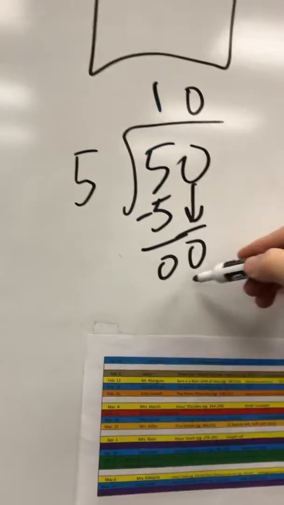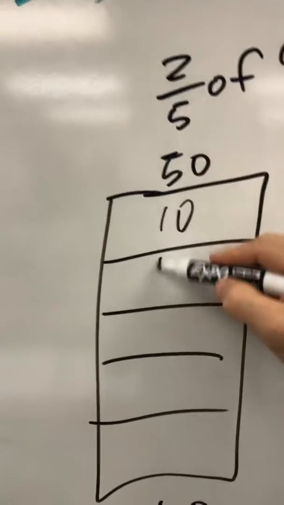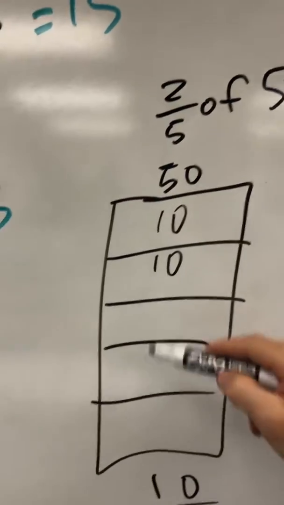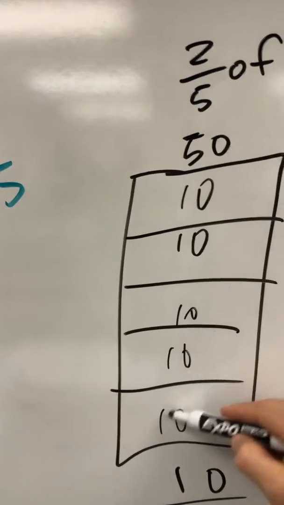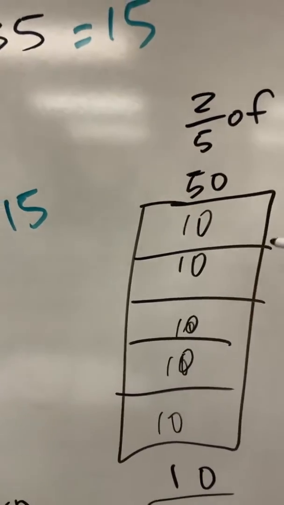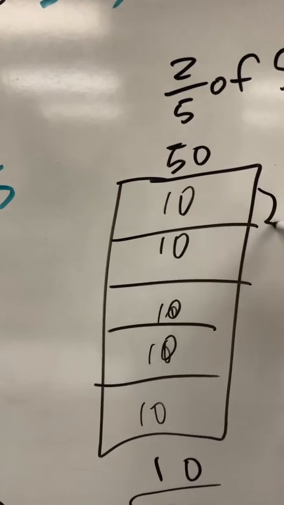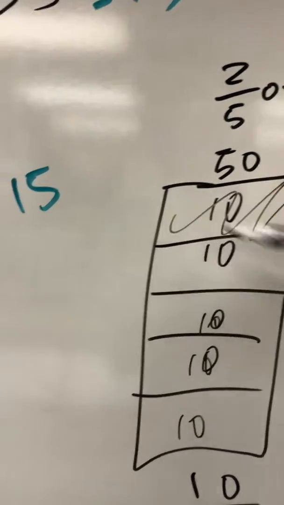Yes, 0 times. So 10. So 10, 10. Every one of these is 10. And so 2/5 is right there.